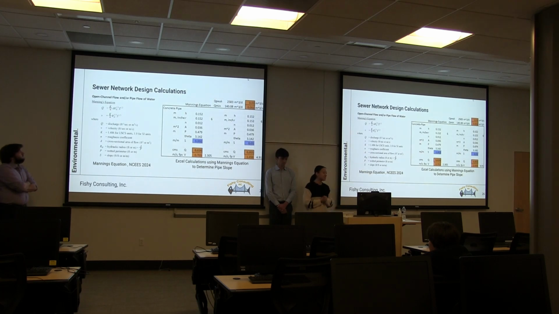As I said before, I did pipe slope calculations using Manning's equation. This is the equation that I used, and then I plugged it into Excel. First, using a slope of 0.22, as it was recommended for 12-inch diameter pipes, I found that it would not be able to handle the peak discharge of the subdivision, and it would have a pipe velocity of 2.3, which I deemed unsatisfactory for this design.